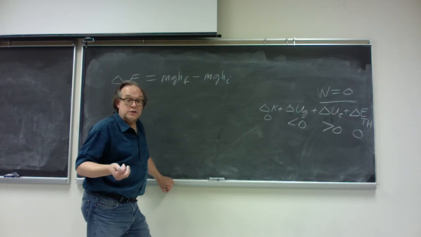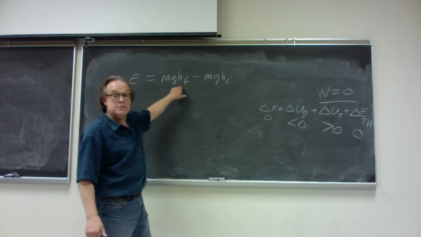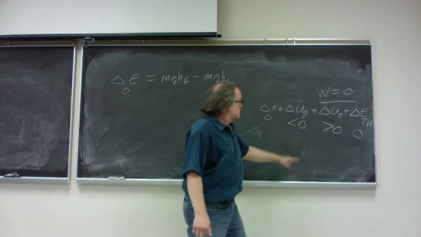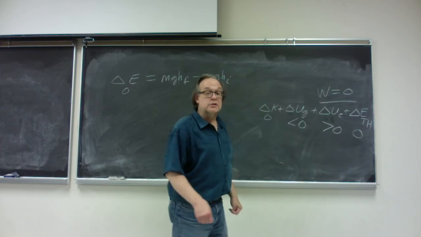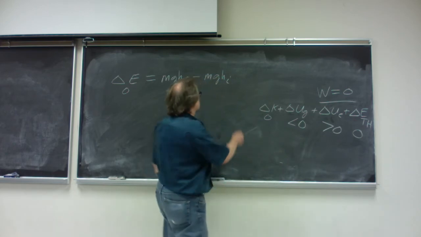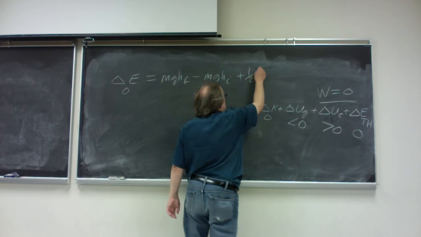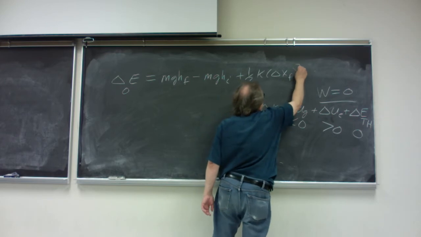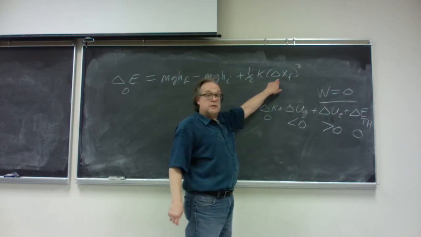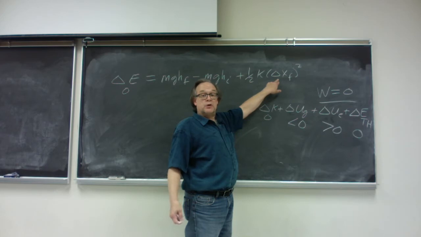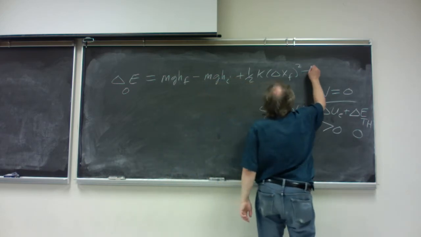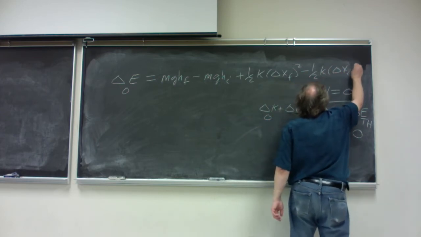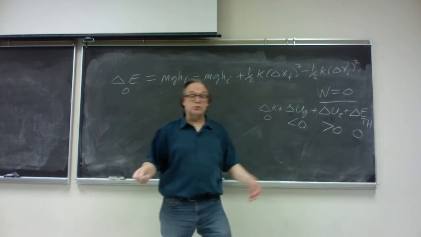Right, the rule for gravitational potential energy is just m times g times elevation. And then we have to write this out in detail. Change in elastic potential energy is just final value minus initial value. And so the change is final value, ½ k times the amount of displacement or stretching in the final state squared, minus initial elastic potential energy, ½ k times the initial displacement or stretching squared.